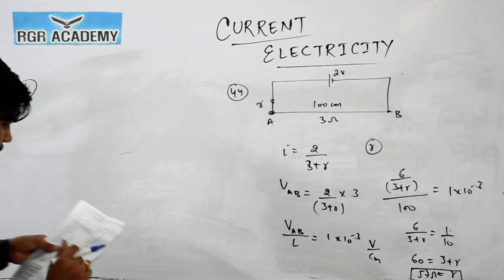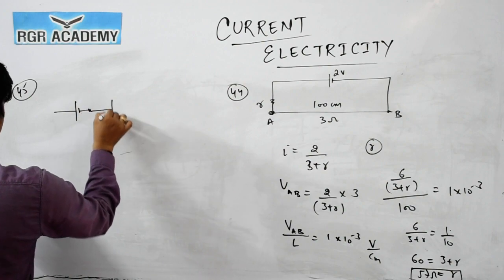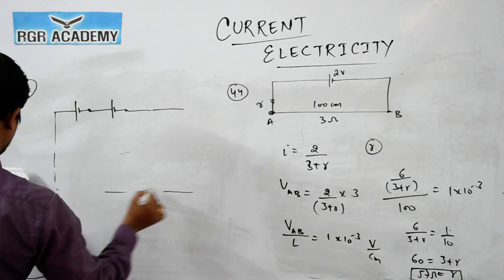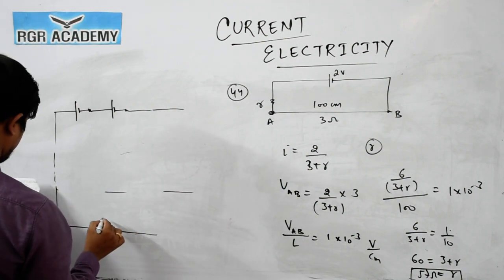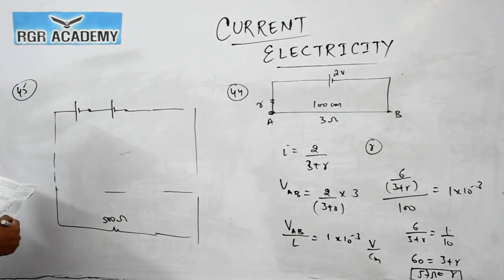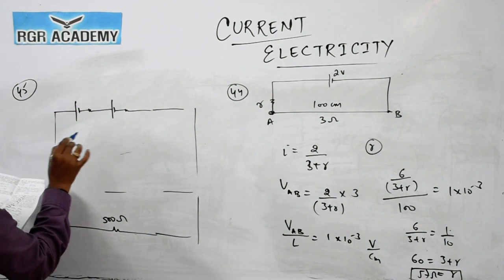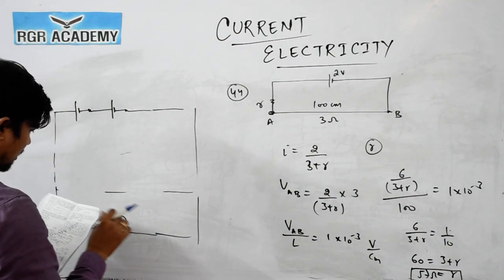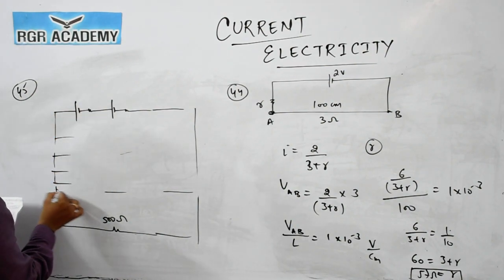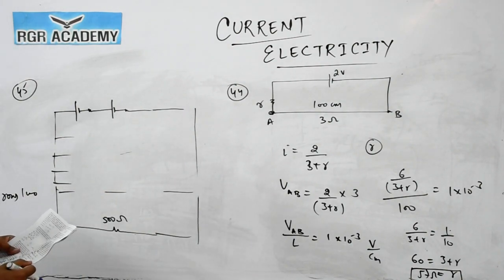According to this, in each row some cells are given, and after that one external resistance is connected, that is 500 ohm, like this. If we underline the important information, 100 rows are given. First, second, third, fourth, till 100 rows are given.